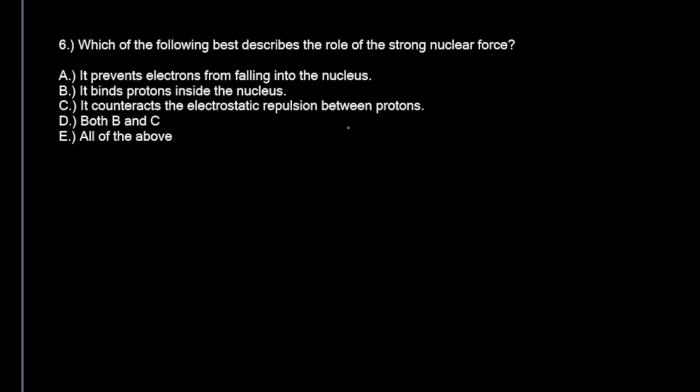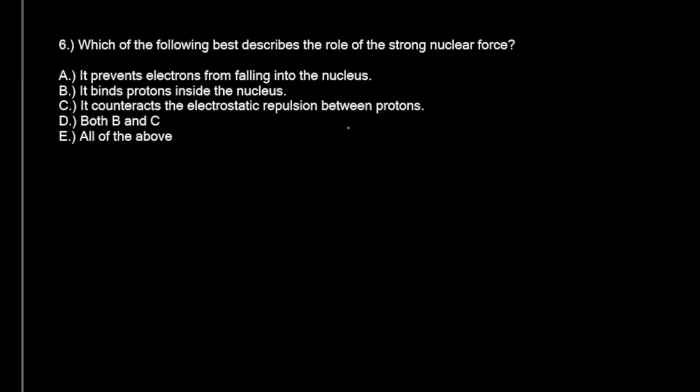Option B. It says it binds protons inside the nucleus. Option B is correct because the strong nuclear force explains how both protons and neutrons bind to form the nucleus. Option C. It says the strong nuclear force counteracts the electrostatic repulsion between protons.